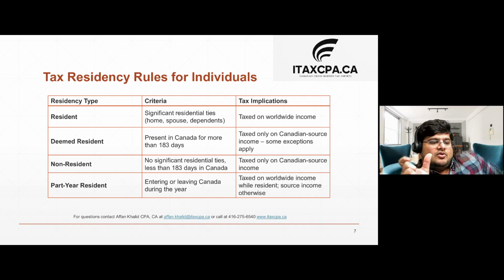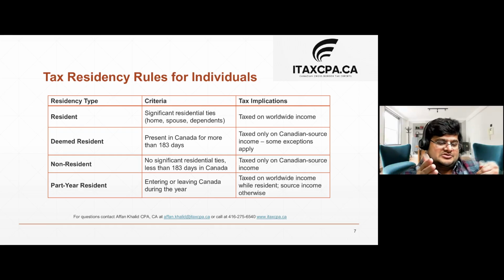And then there's a term called part-time or part-year resident. This generally applies when you permanently leave Canada, or you're a first-time immigrant. You enter the country and establish your ties with Canada. So say a person became an immigrant or moved to Canada on November 1st, 2024.